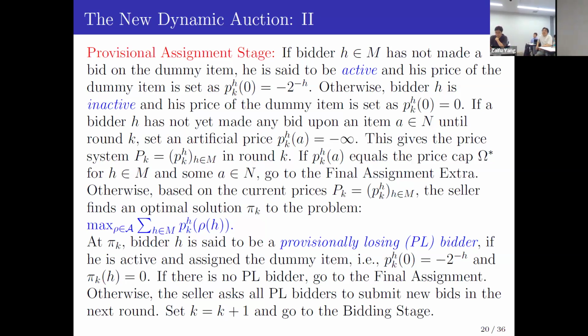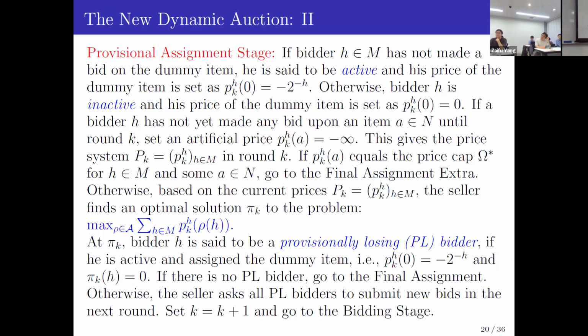And then, okay, so now we get such a price system. If at any stage the price of some item goes very far, so actually equals the cap, then we will assign this item to the bidder, and he will be punished.